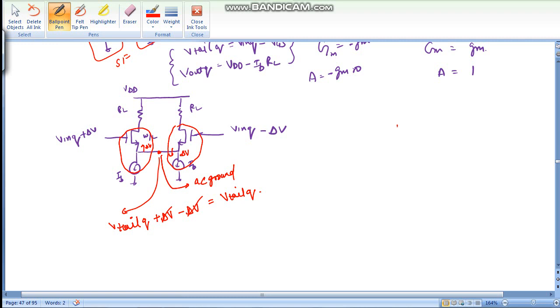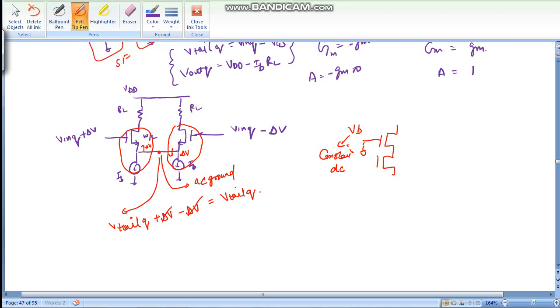Say in our bias circuit, if I am taking some bias current here, this is constant or DC. So when we do small signal analysis, we usually make it ground. In actual it is not ground, but for small signal this is known to be ground, because this is connected to some constant DC voltage. So this circuit is ground.